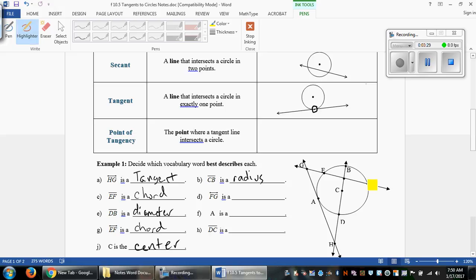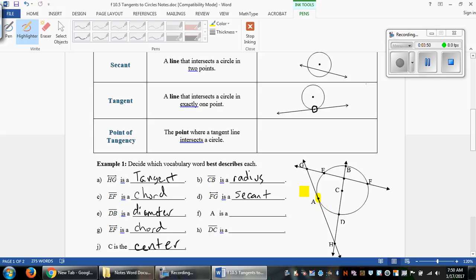FG. FG is a line. It goes all the way through the circle, so we'll call that a secant. Next we have A. A is right here.